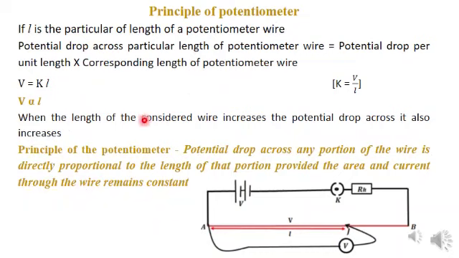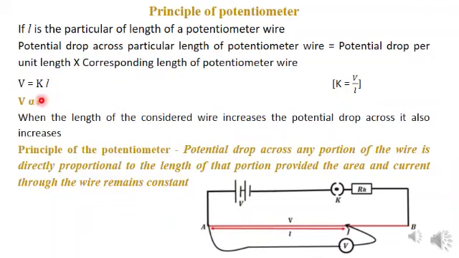Principle of potentiometer. If L is a particular length of a potentiometer wire, then the potential drop across that particular length of potentiometer wire, that is V, equals the potential drop per unit length, meaning the potential gradient K, into the corresponding length of the potentiometer wire L. So V equals K into L, or K equals V by L. This is another expression for potential gradient.